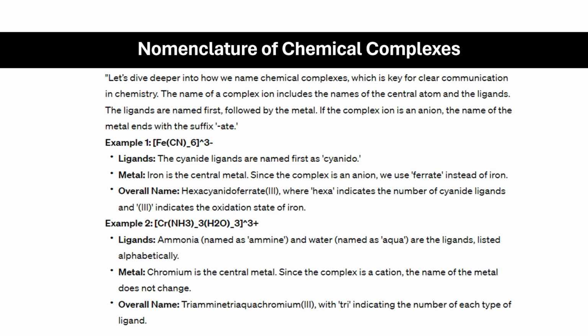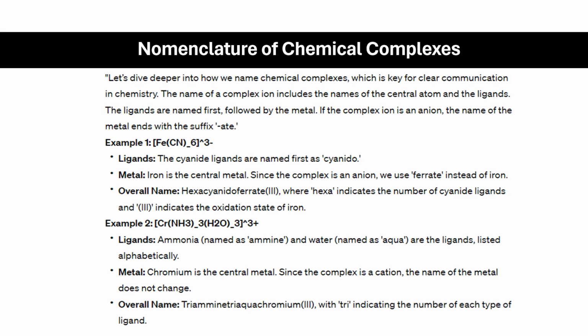How do we get the oxidation state of the ion? The subscript is 3 here. So for the ammine, it's 3. So 3 plus 3 is 6. So actually, it's -6 for both the ammonia and the water.